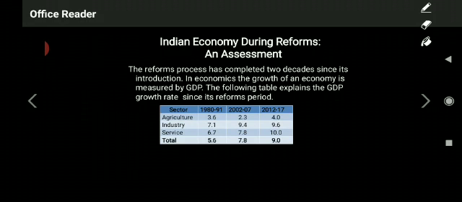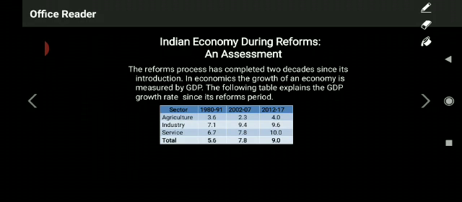Now coming to the third sector, a most important sector of the economy of underdeveloped and developing countries, that is the service sector. Look at the picture of the service sector in 1980-91. It was 6.7%. It was very less compared to the industrial sector. And in 2002-7, it was 7.8%.